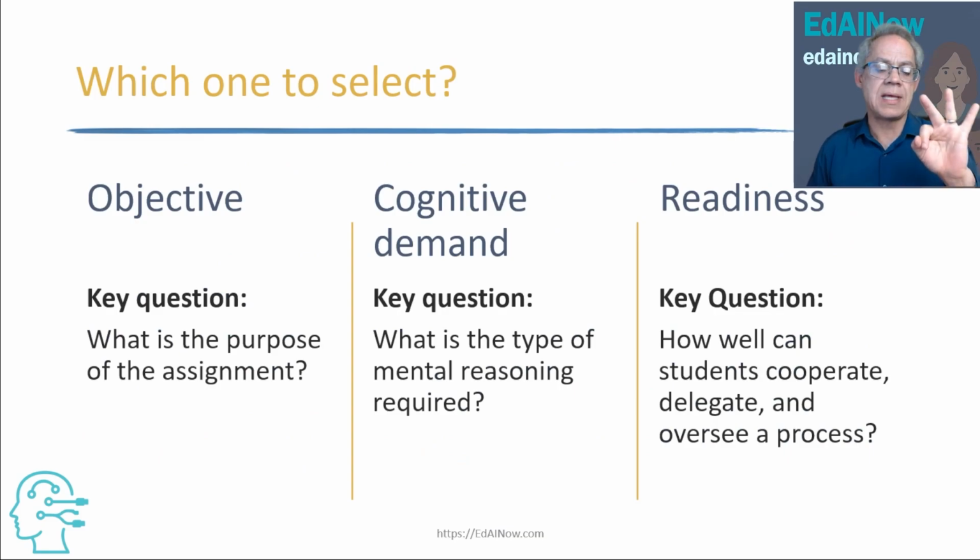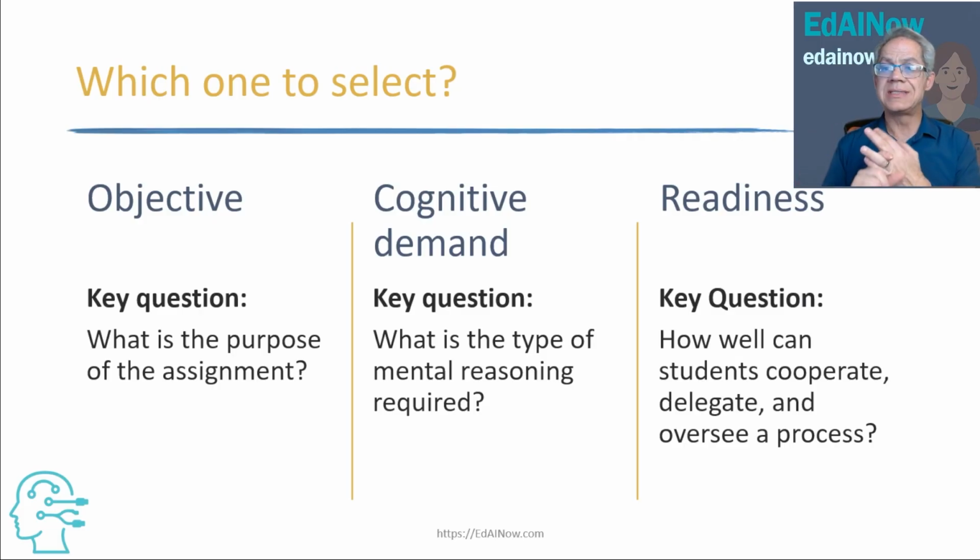The 3 things that we have to think about, however, when we're determining an appropriate level: first, what's the purpose of the assignment? Why are we giving the assignment to the students? The second is, what level of mental processing does it require? A higher level of mental processing and analysis and synthesis can be assigned to a higher level of AI use as well, versus just recall, which is level 1.